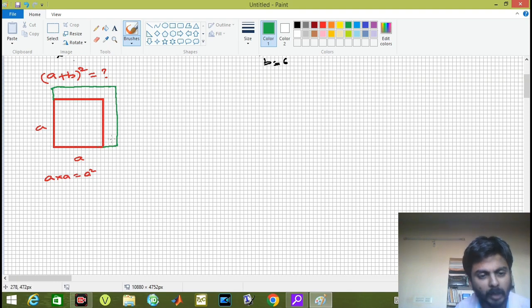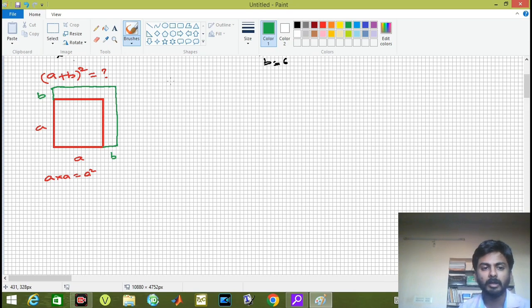I am taking this new extension as B. Already I have the length A, and now I have added a new length B. Already I have a breadth A, and now I have added a new breadth B. So what will be my total area?